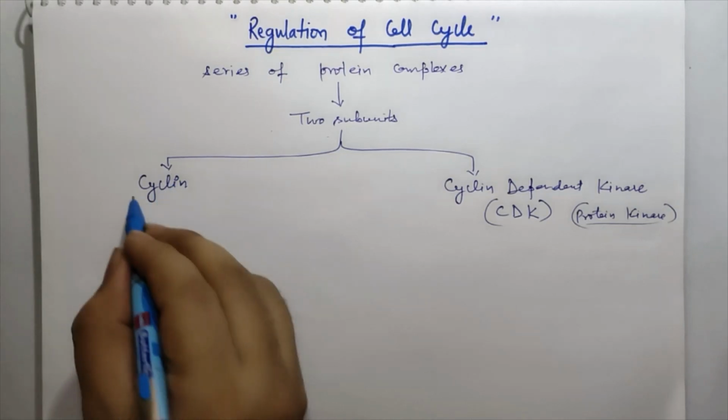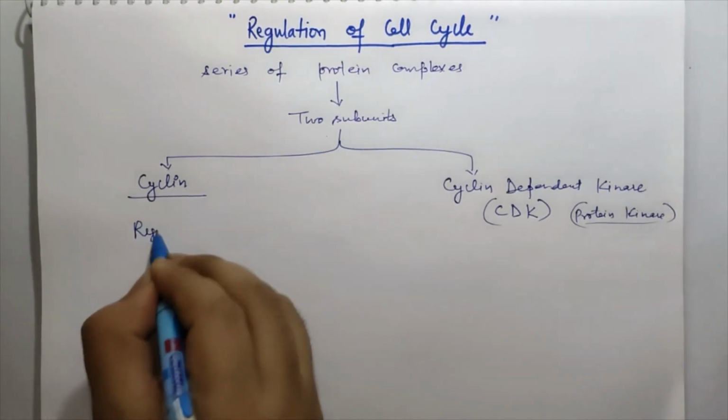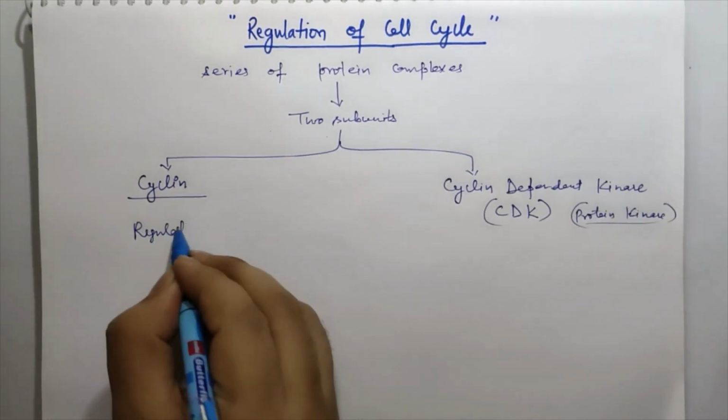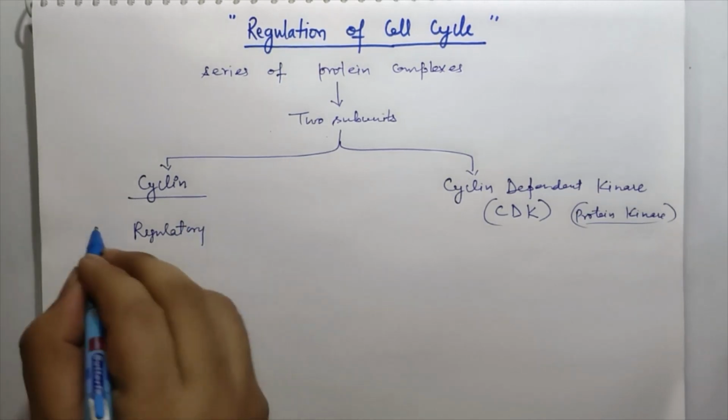Cyclins are the main regulatory molecules.